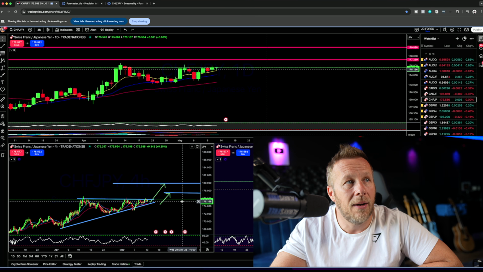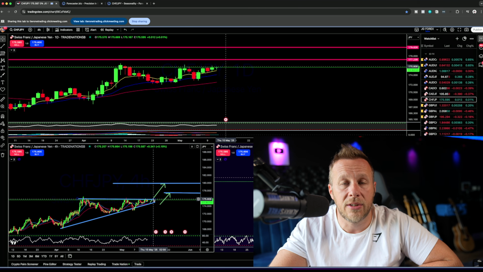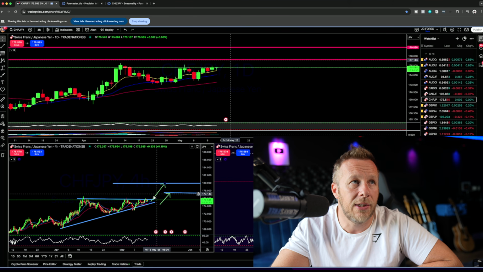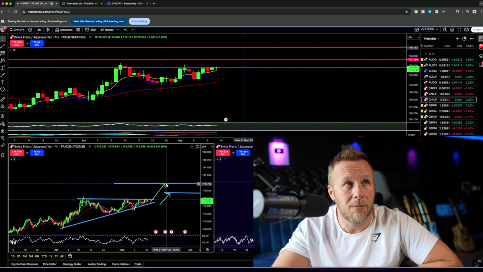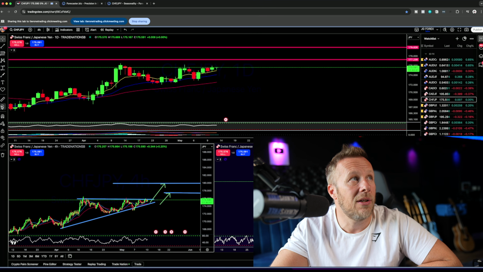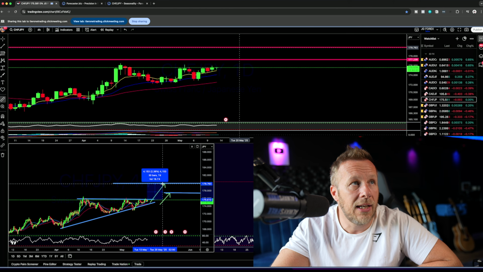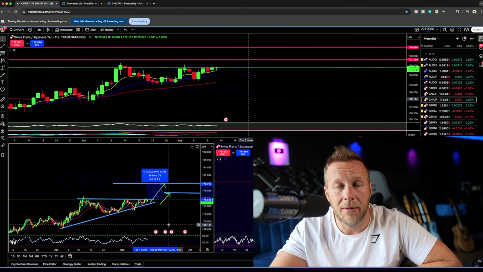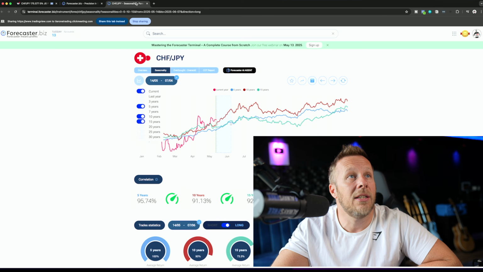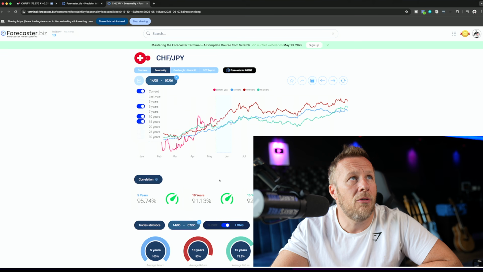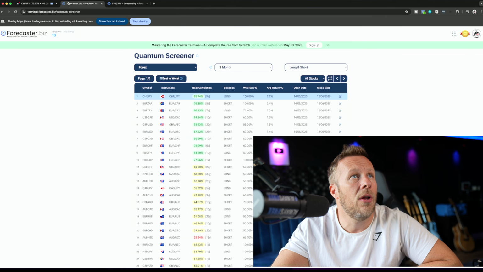So the likeliness is, according to the quantum screener, that before the first week in June is over, we're going to push up and test this second high. Because if you look at the rule and you go from here to here, you can see that's 2.3%, which correlates with the average return that we were looking at originally of 2.2%.